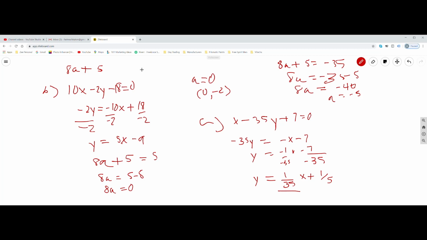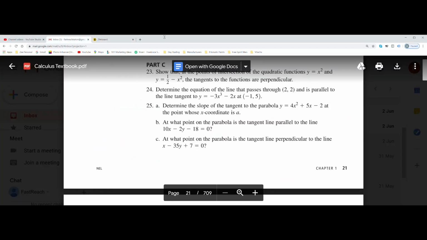And when you put it into the original equation, y equals 4x squared plus 5x minus 2. Is that the equation? Yeah.